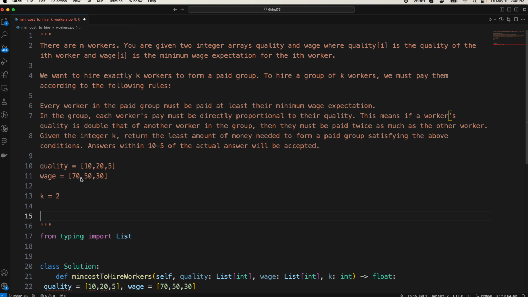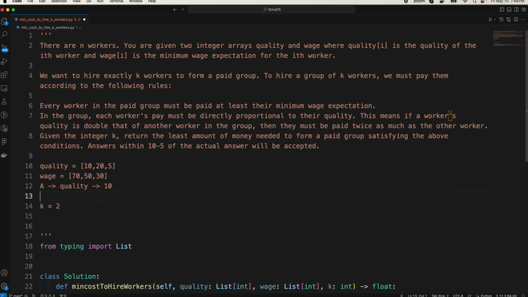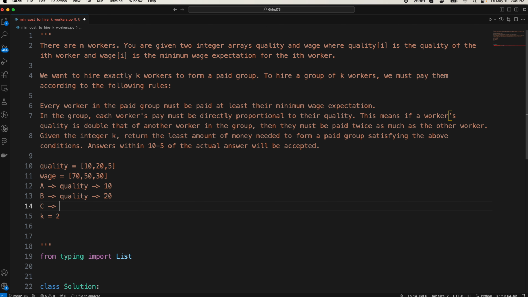For example, say I form a group of the first and second worker. Let's say the first is A and A has quality 10, then B has quality 20, and C has a quality of 5.